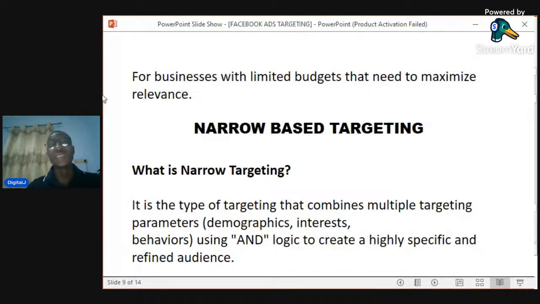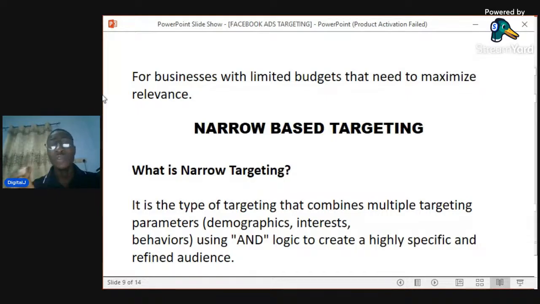I want people that can actually afford to buy what I am selling. Understand? So I don't just pick interest based on fashion. I will then narrow it down. Once I have picked the interest based on fashion, I have picked keywords like fashion, jewelries, accessories, luxury, just like that.